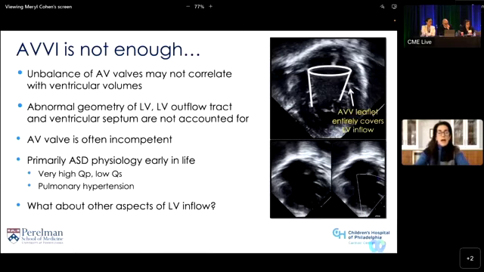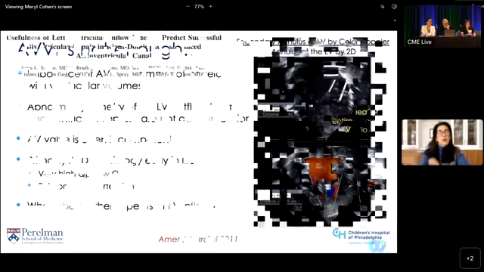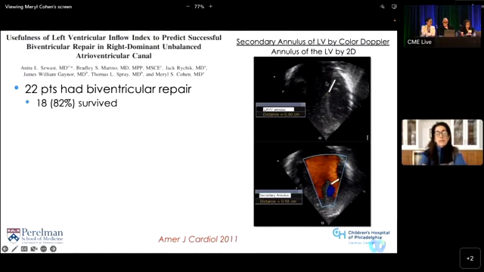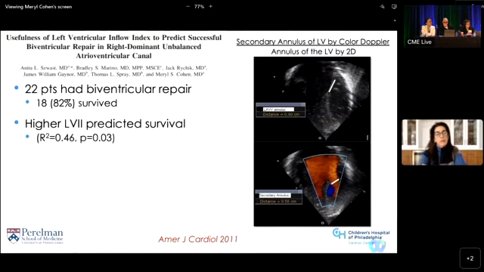So we did some further investigation at our institution, looking at how much blood is actually getting into the left ventricle. We measured the color flow getting into the ventricle divided by the actual left AV valve annulus in a number of patients who had biventricular repair.